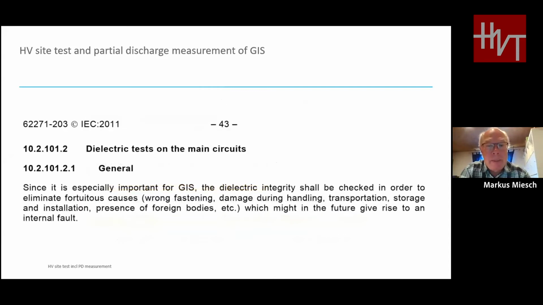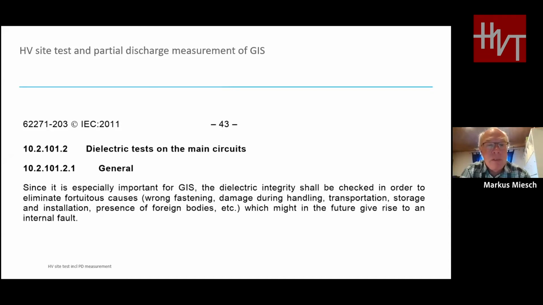However, for the dielectric test on the main circuit, it is mentioned, since it is especially important for GIS, the dielectric integrity shall be checked in order to eliminate fortuitous causes, wrong fastening, damages during handling, transportation, storage, and installation, presence of foreign bodies, etc., which may in future give rise to an internal fault.